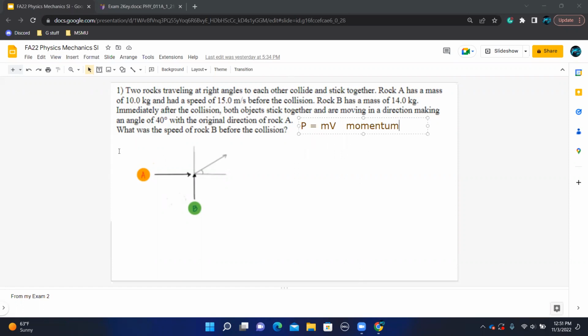Then let's go ahead and label some of these. So it says rock A is 10 kilograms, so that means mass A. I'll leave space for the A. Kilograms. And similarly, velocity of the rock is 15 meters per second.